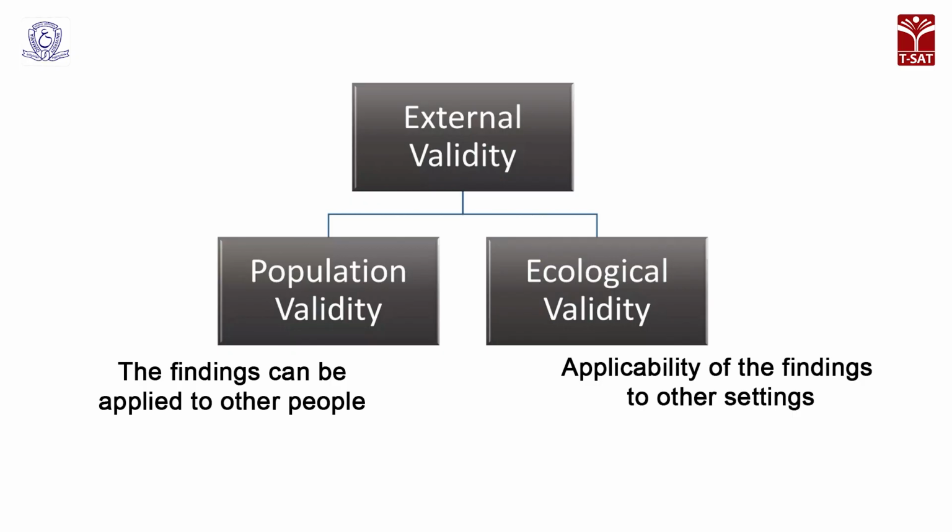Population validity refers to the extent to which the findings can be applied to other people, while ecological validity is about applicability of the findings to other settings. Quantitative researchers usually work towards producing generalizable findings.